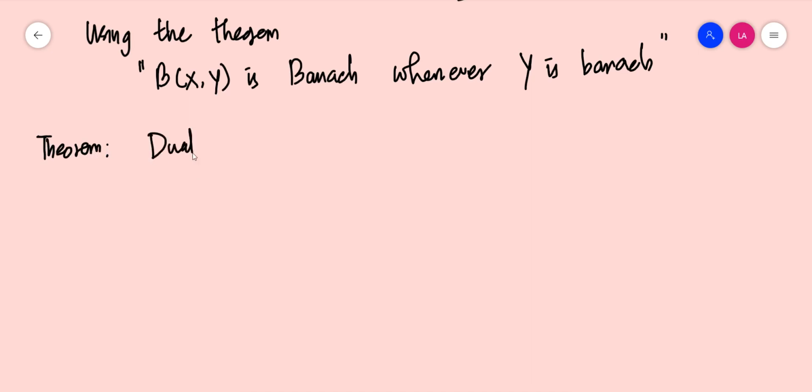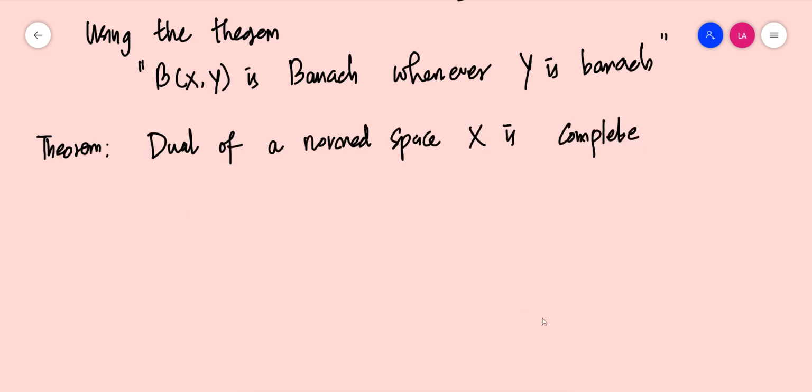The dual of a normed space X is complete. Dual is denoted as X dash, or it's a Banach space.